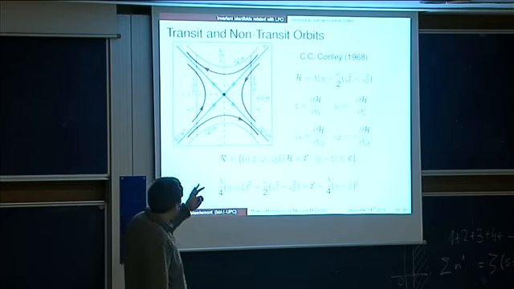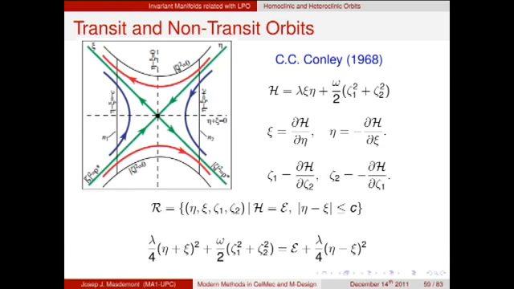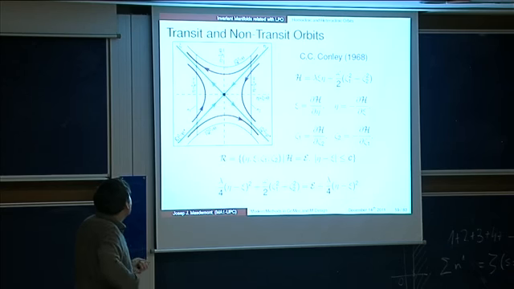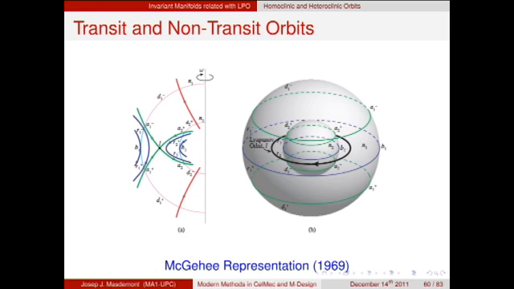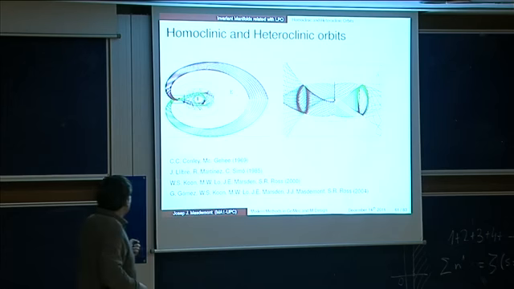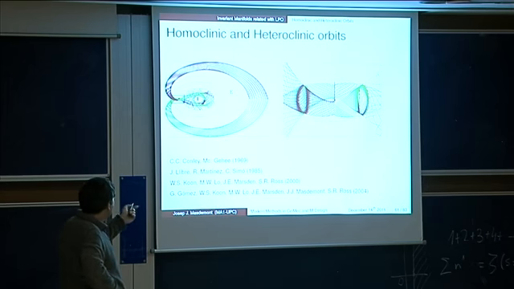Just to say that the study of how these things are connected, I mean how the interior and the transit or non-transit orbits are present, and how they behave in a topological and geometrical way, is mostly due to Conley in 1968, and to McGehee, who gave us another topological representation. Following Conley and McGehee, there is the work of Jaume Llibre, Regina Martinez, and Carles Simó in 1985.